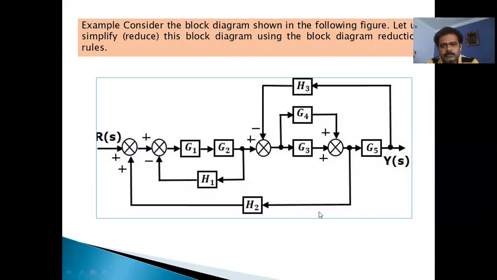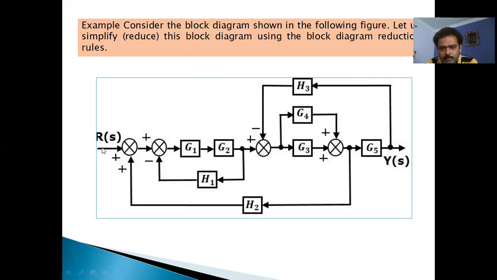Once we observe this, the first step, you have to remember that if there are any blocks connected in series or cascade connection. Here the blocks G1 and G2 are connected in series, that we have to observe. The forward path means from input to output.